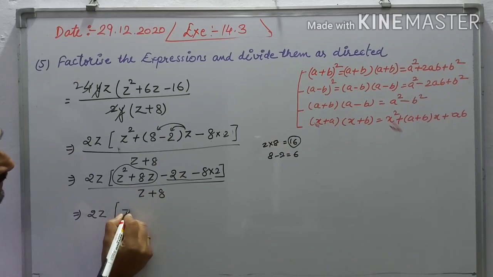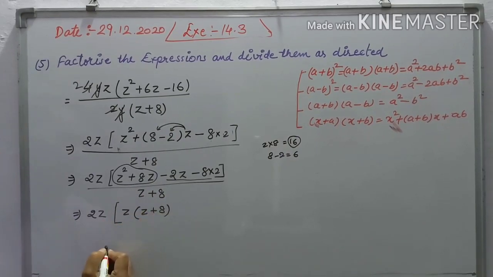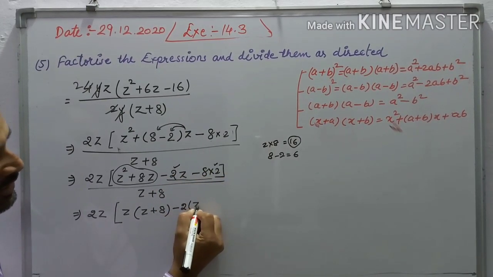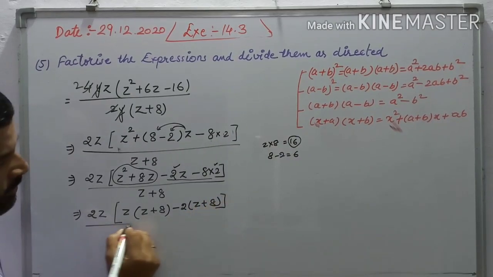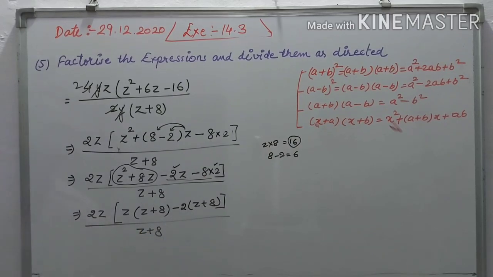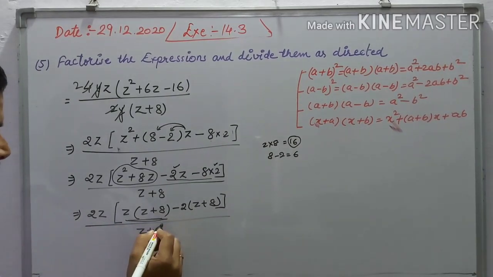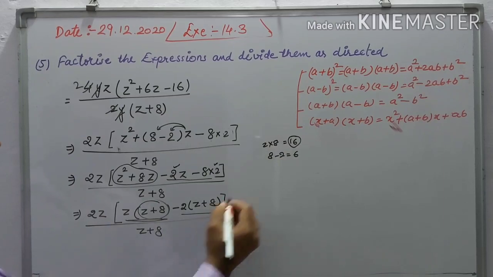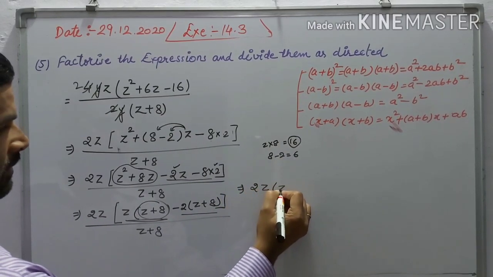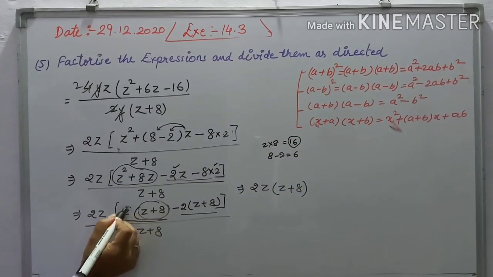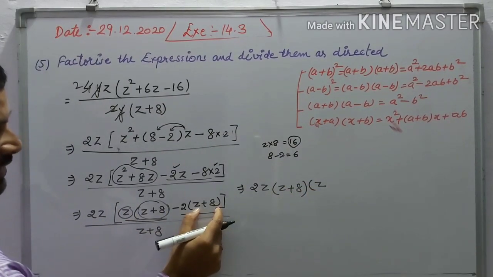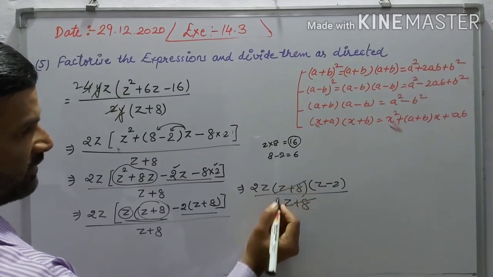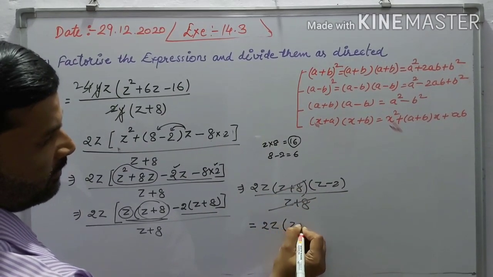In the second, minus 2 is common, so −2(z + 8) upon z + 8. Then z + 8 is common: 2z(z + 8)(z − 2) upon z + 8. z + 8 cancels, so the value is 2z(z − 2).